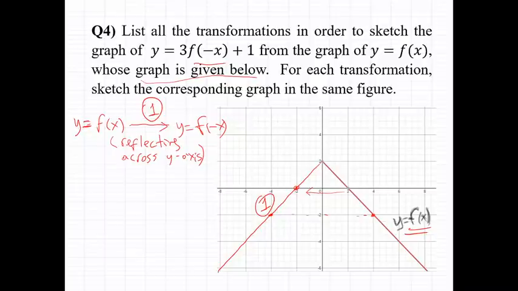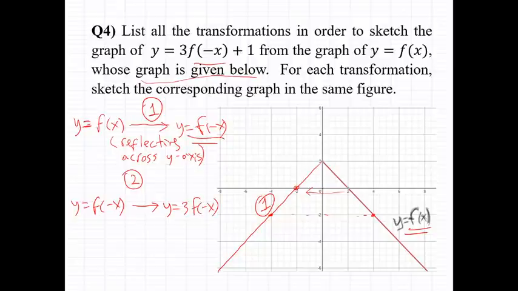Now 2. What is 2? We have f of minus x, and it is multiplied with 3.